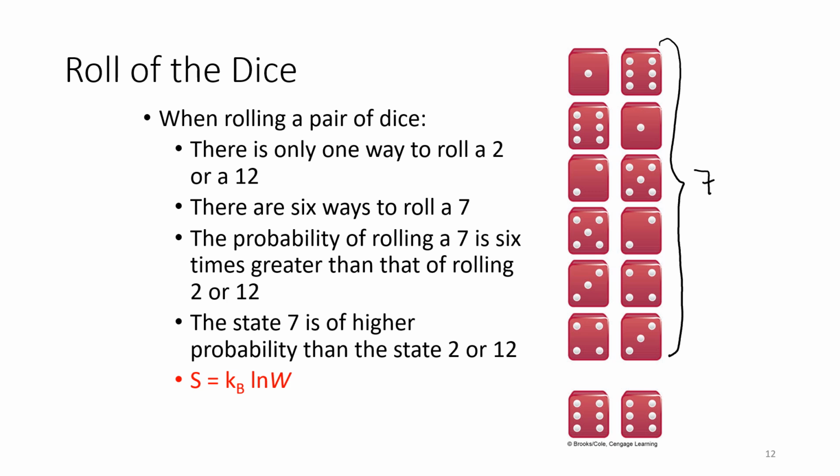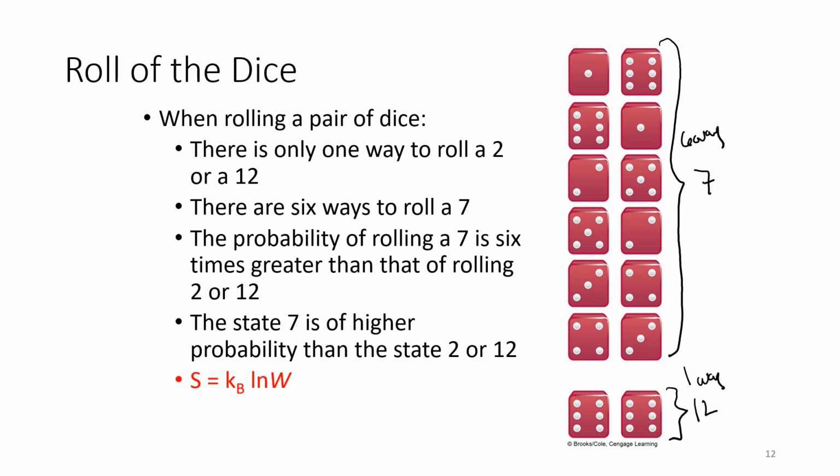Those are actually 2 different ways to roll a 7 if you think about it. And then 2, 5, 5, 2, 3, 4, 4, 3. So there are 6 different possibilities of rolling a 7. But there's only one way to roll a 12.